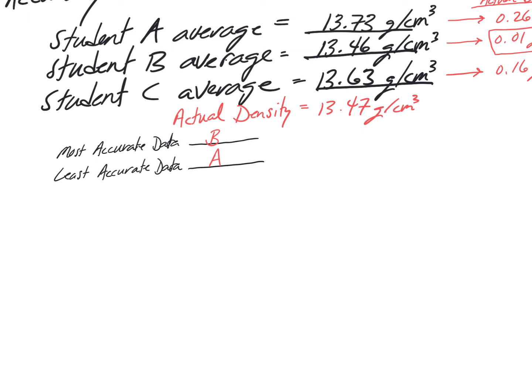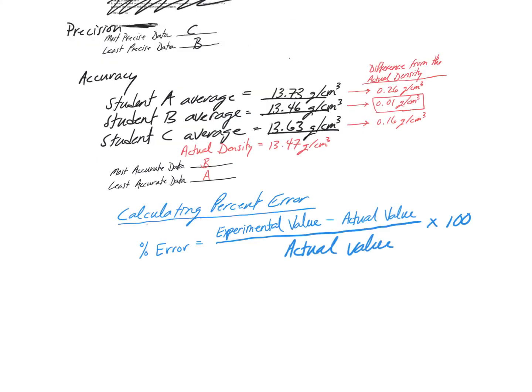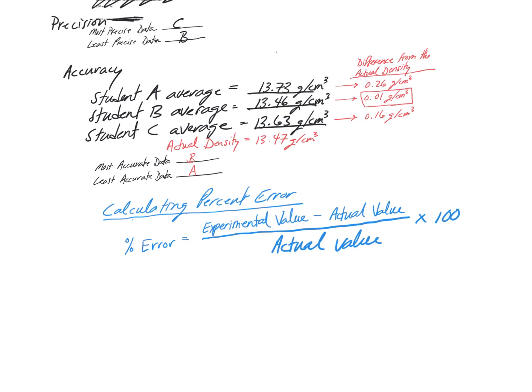It's rather simple, but just stick with me. All right, now this is in the guided notes for this class. Calculating percent error. This is the formula. You take the experimental value, like for instance, these values. These were the experimental values that these students came up with. And then you take the actual value, which we know in this set of data for the density of mercury.